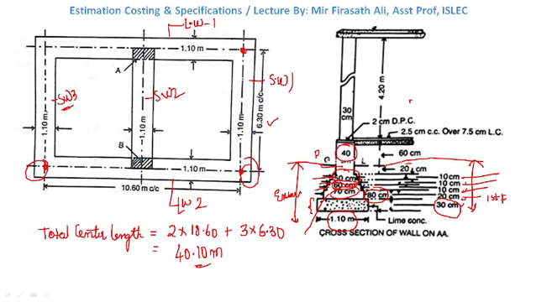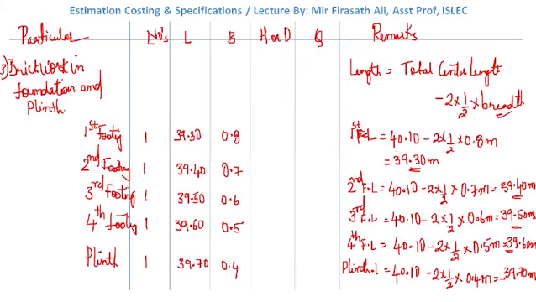So 20, 10, 10, 10 and 80. By looking at the diagram, it is 20 centimeter, which is 0.2 meter; it is 10 centimeter, also 10 centimeter, also 10 centimeter, and 80 centimeter, which means 0.8.